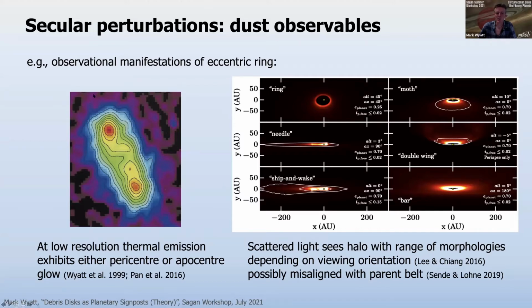If we have a low resolution observation, you see, for a fairly inclined edge-on eccentric ring, two lobes, one of which will be brighter than the other. And there's some discussion over which one would be brighter, the pericenter side or the apocenter side. If you look at the dust that's in the halo that extends beyond the planetesimal belt, then you can get a whole range of structures that depend on the viewing geometry relative to the disk.